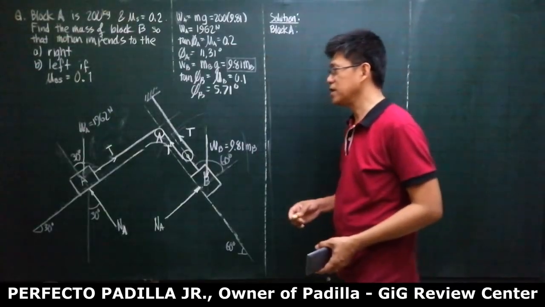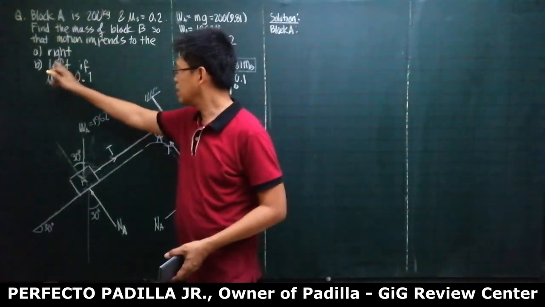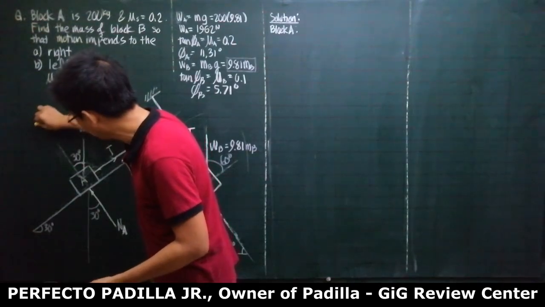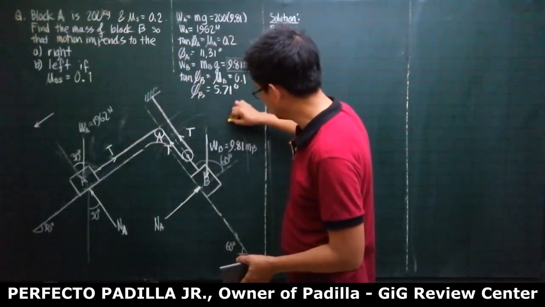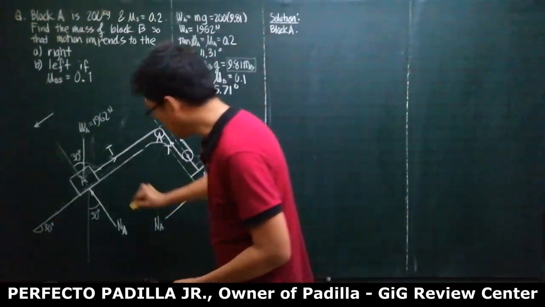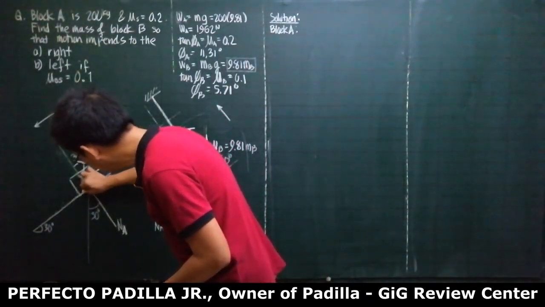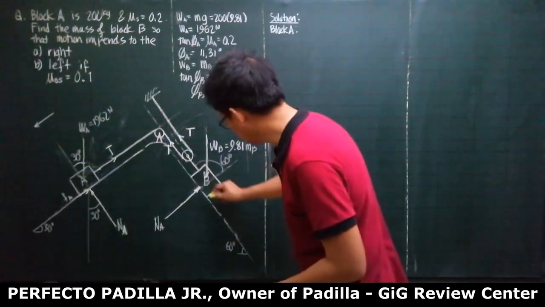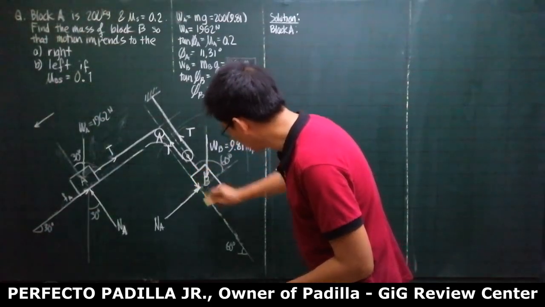What about the second situation? The motion impends to the left, meaning this is to the left downward, this is to the left upward. If that is the case, our friction is to the right. This is the friction at A. This is to the right.